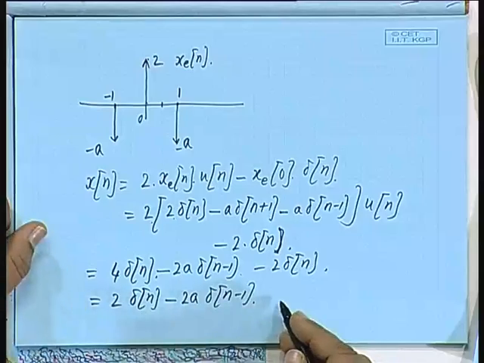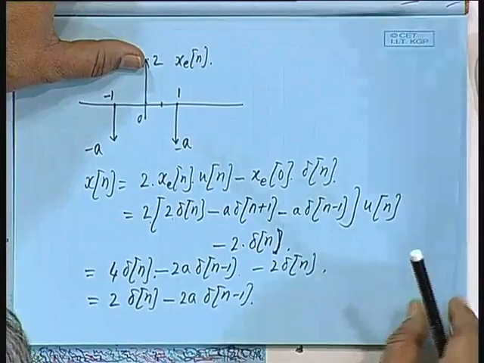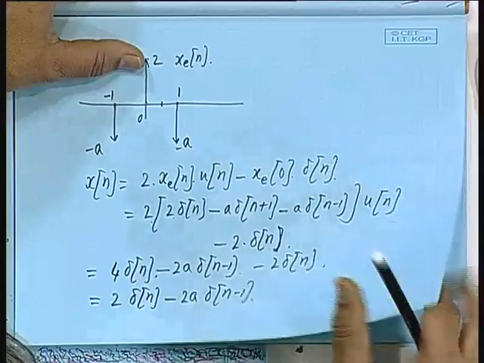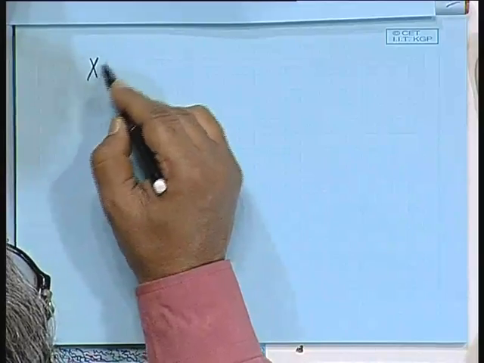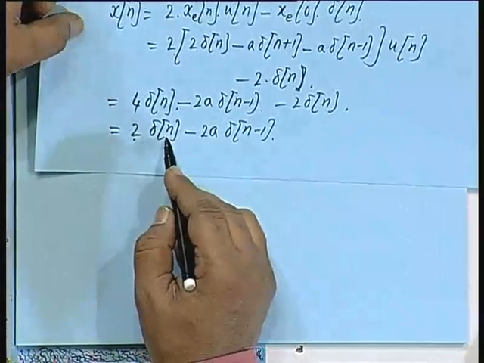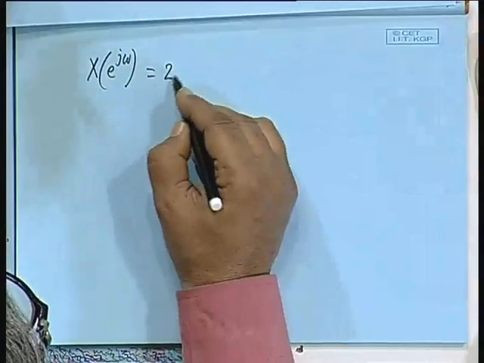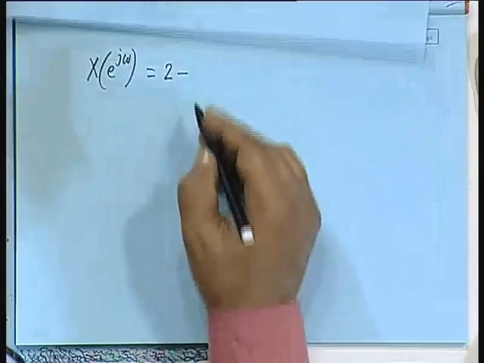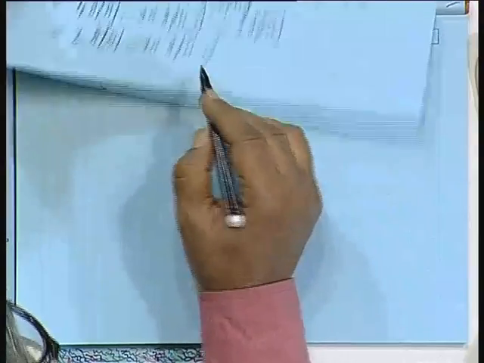If you want, you can calculate x z also from here. What is the imaginary part and what is the DTFT of this? Therefore, x omega will be 2 into delta n. So, 2 minus twice a delta n minus 1.